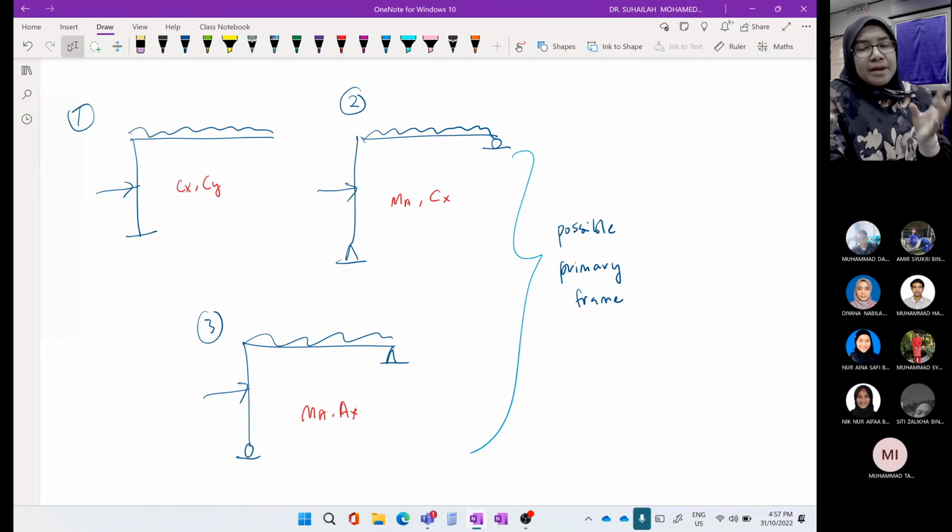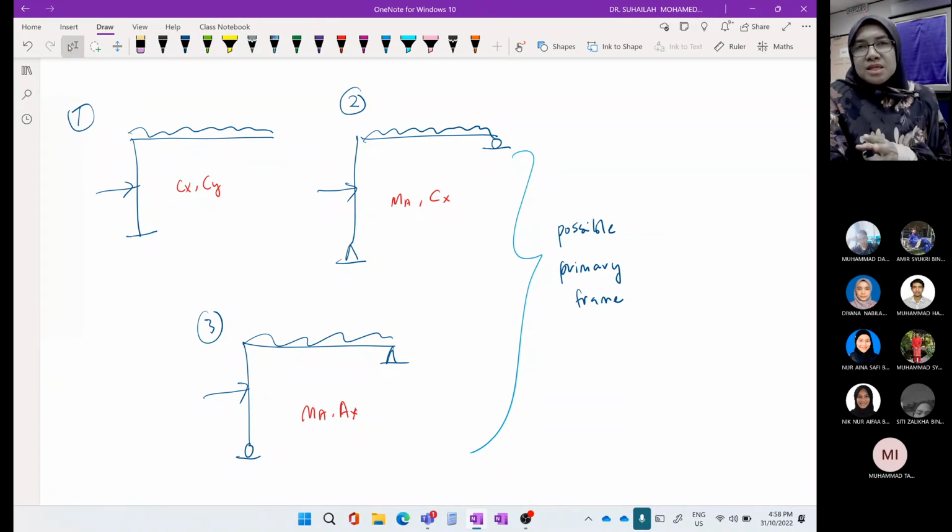Then number one, when we remove pin, it remains fixed at A. So it is stable, it is determinate. And then number 2, we remove 1 from pin, 1 from A, 1 from C. So in the system, there are 1 pin, 1 roller. 1 pin, 1 roller is a stable structure, stable and determinate.